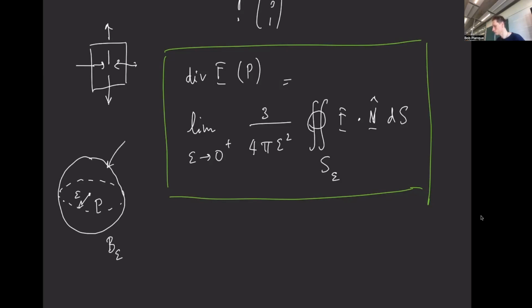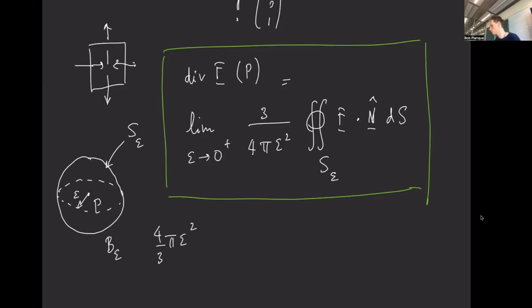So the surface is S epsilon, which is a sphere. That's where the S comes from, for surface, I suppose. And the area of this ball, well, that's a standard formula. The surface area of a ball of radius epsilon is 4/3 pi, and then epsilon squared.